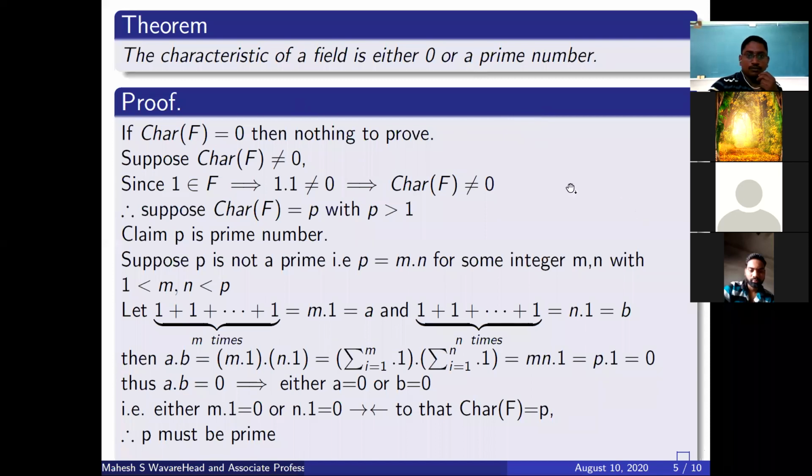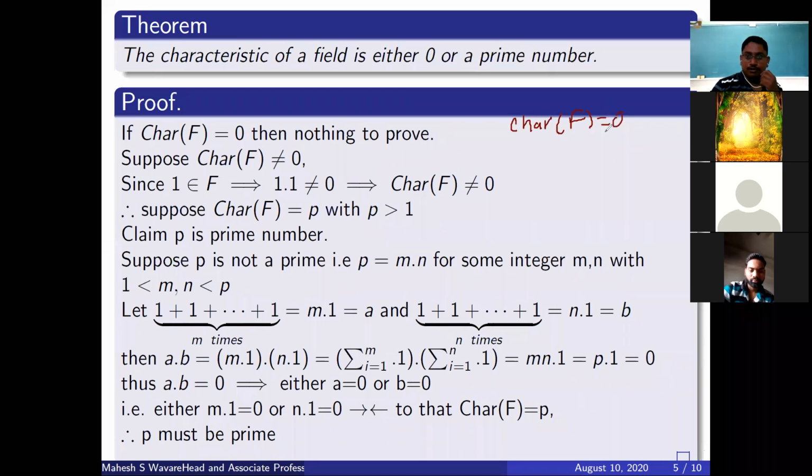Now we have to show that the characteristic of a field is either 0 or prime. You have to assume one is true, then there is nothing to prove. If the characteristic of F is 0, then we are done. We don't have to do anything.